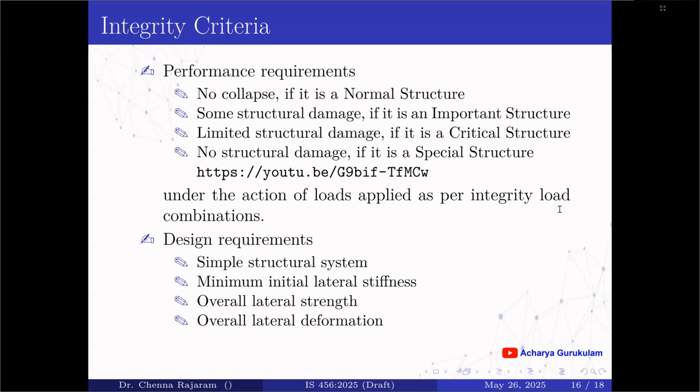Be designed such that the overall lateral strength shall be as specified in IS 1893. Select members shall possess deformation capacities such that the overall lateral deformability of the structure meets the lateral deformation demands estimated as per IS 1893.